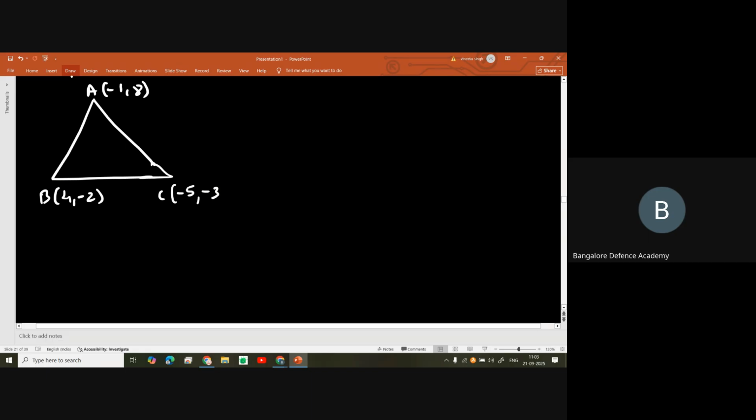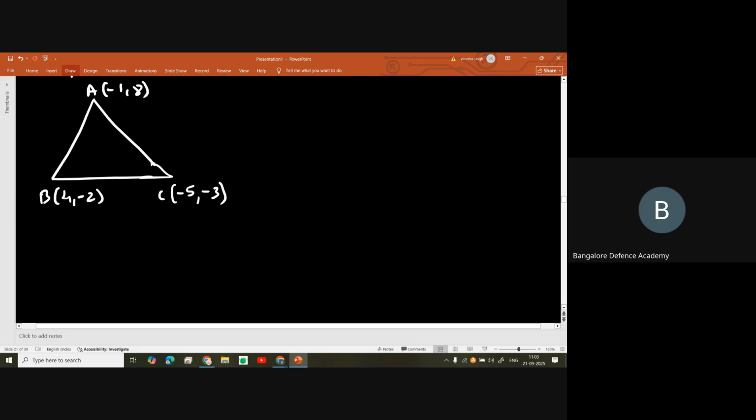Okay, take down. This is the triangle. This is A (-1, 8), this is B (4, -2), and C (-5, -3). So these are the vertices given.